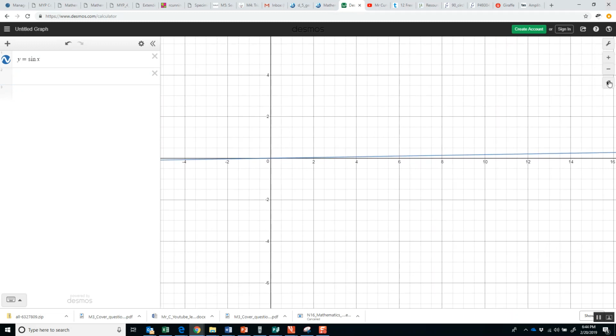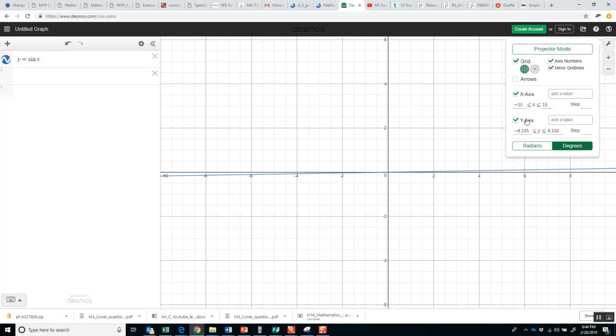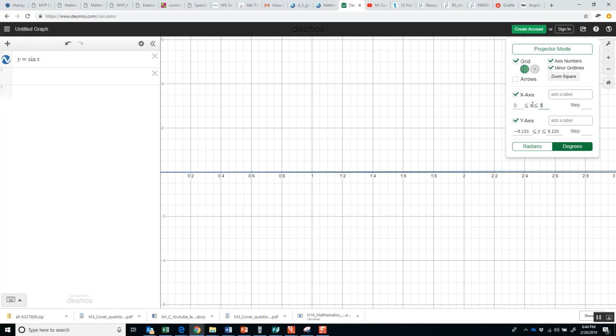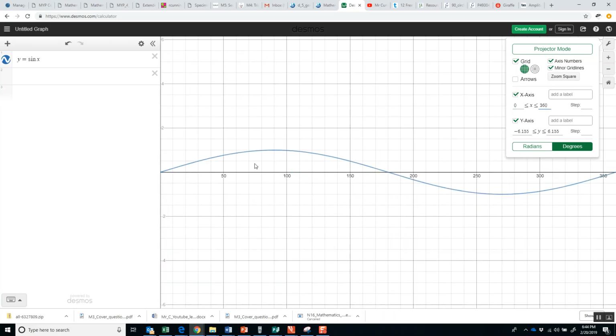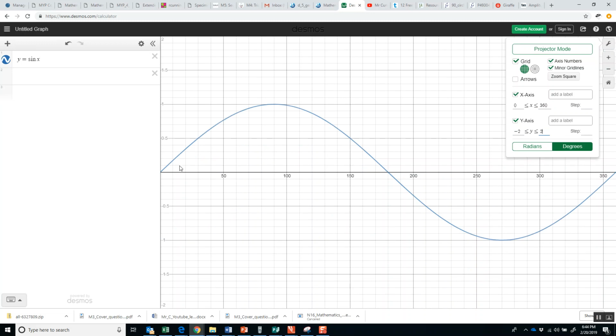You need to go up to the graph settings, and we want to make sure it's in degrees. We want to go on our x-axis from 0 up to 360. So now it looks more familiar. And we'll change our y-axis from -2 up to 2. And it should look even better.